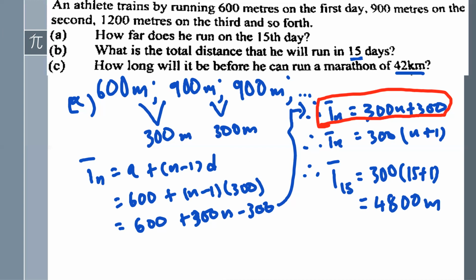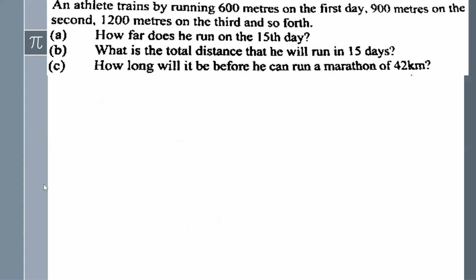And the next question that we have, it is obviously the total distance that he will run in 15 days. It looks like a difficult question, but I can tell you it is not. What happens in this question is they want to see if you really understand, as I said, the series part of this. So what is happening? On day 1, he's going to run 600. On day 2, he's going to run 900, right?